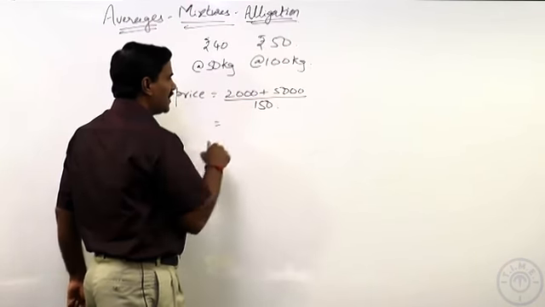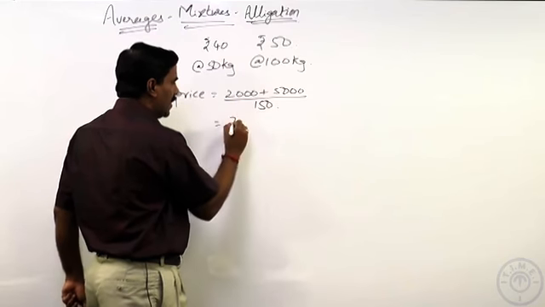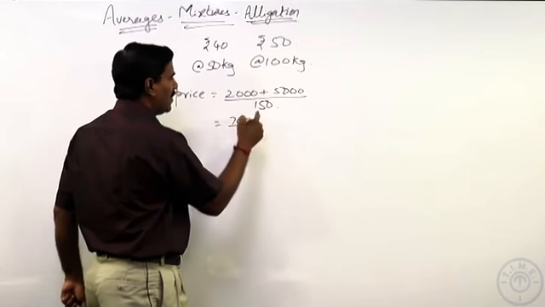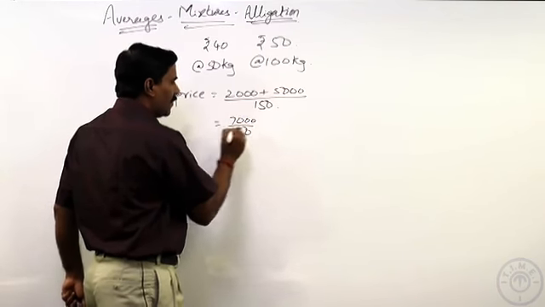So the numerator is 7000 and the denominator is 150.